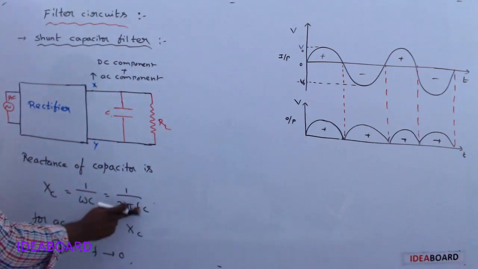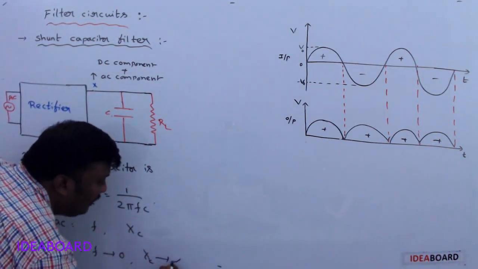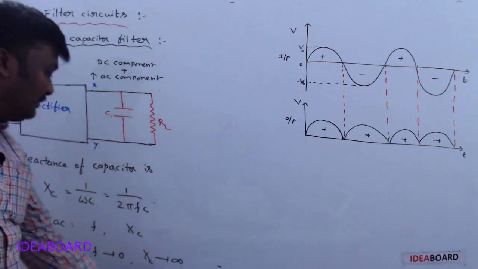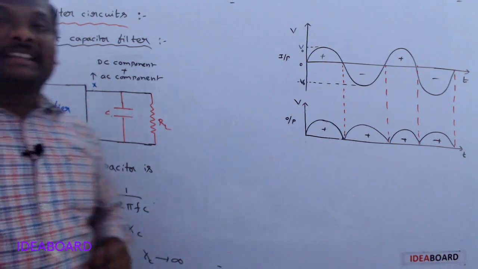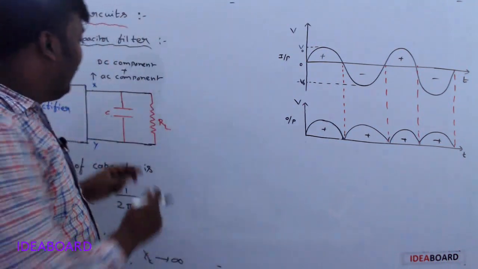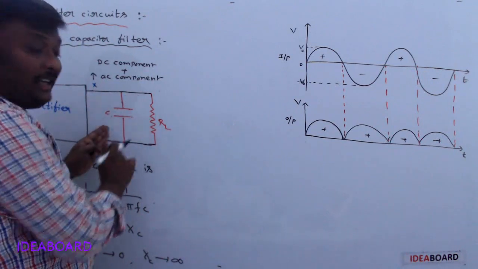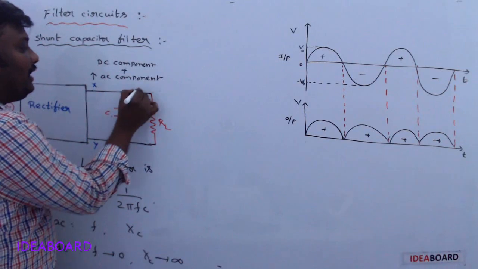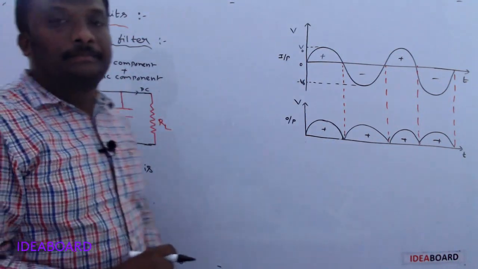If f is 0, anything divided by 0 is infinity. That indicates the capacitor offers infinite resistance to DC current. That's why the DC component does not pass through the capacitor, because it offers infinite resistance. So only the DC component passes through the load resistor.